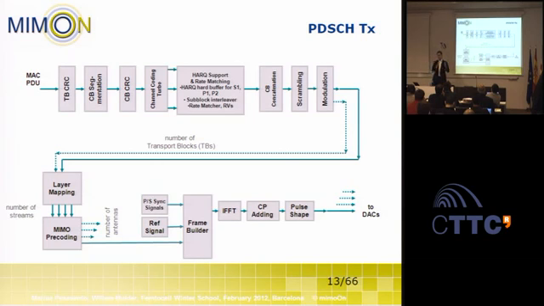This transport block is then segmented into smaller code blocks, and each code block also has a cyclic redundancy check attached. That sequence of bits now enters the channel code, which in LTE is a rate 1/3 turbo coder. So for each systematic bit, there are 2 parity bits generated.